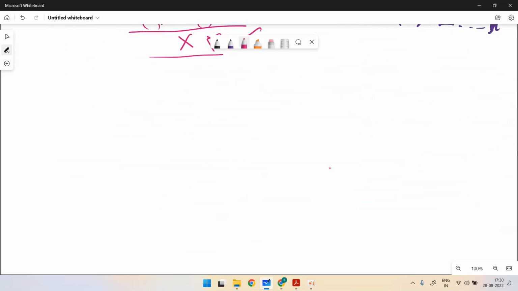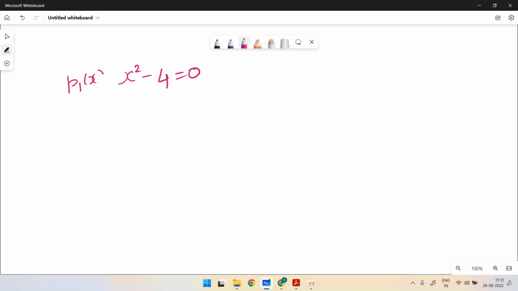One more thing. This is called a factor, and this is called zeros. You remember that I have written x square minus 4 is 0. If I equate p of x to 0, what I will get is x square equals 4, x is plus minus under root 4, which is nothing but plus minus 2.